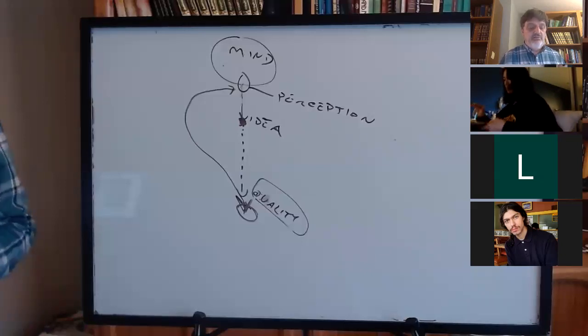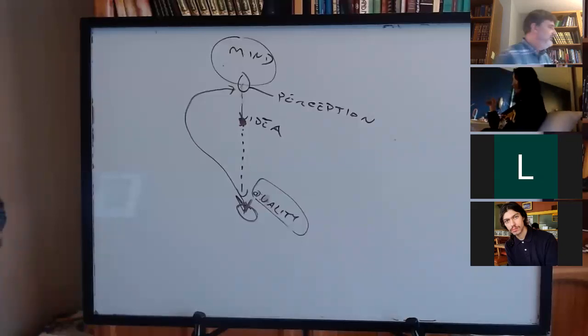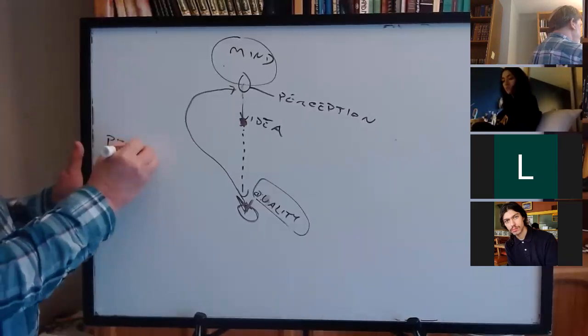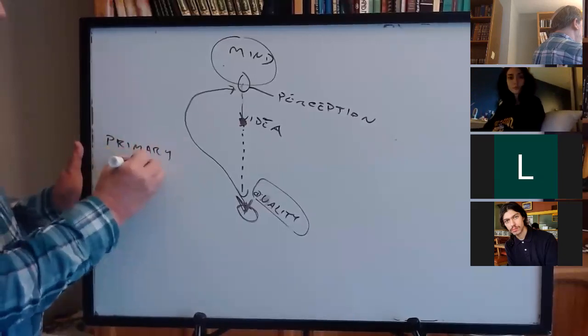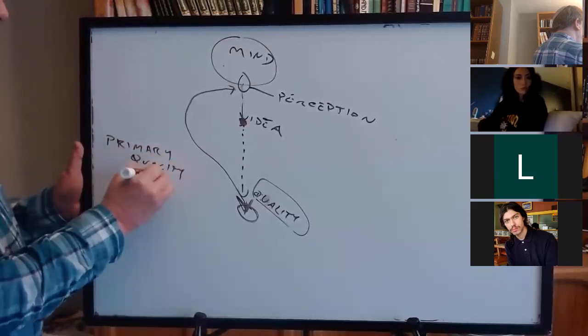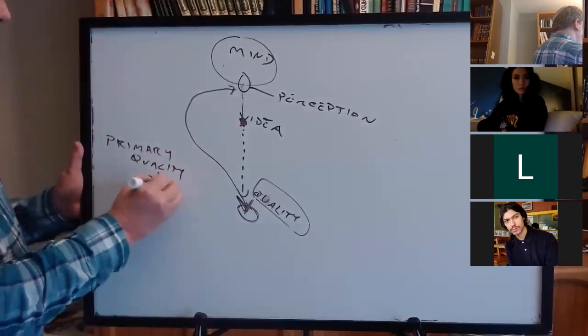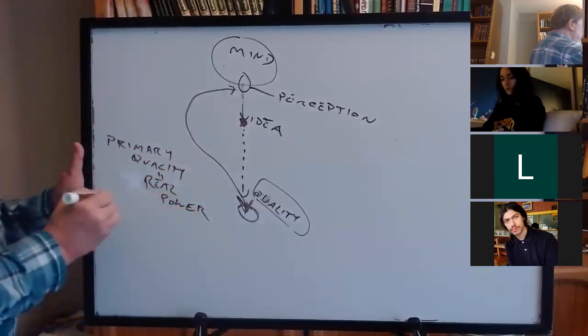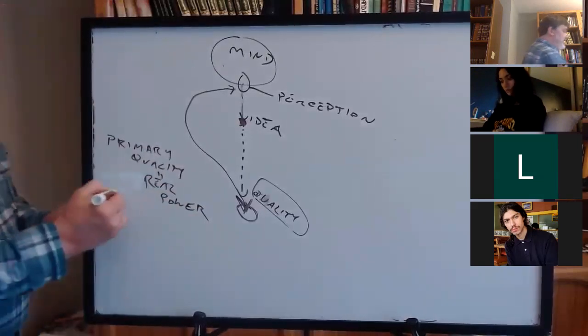But primary qualities are real powers, whereas secondary qualities are bare powers.